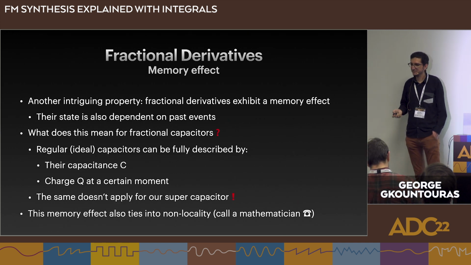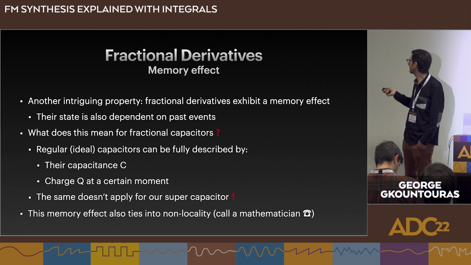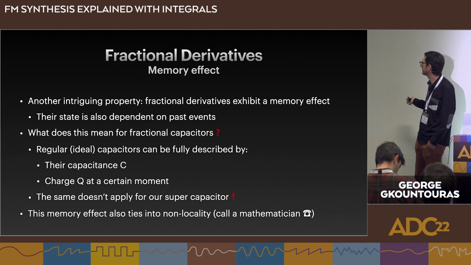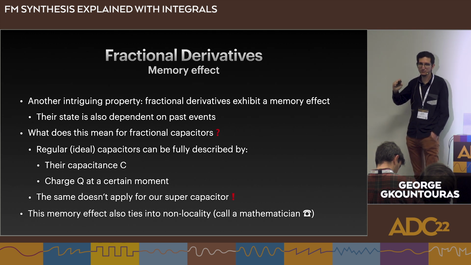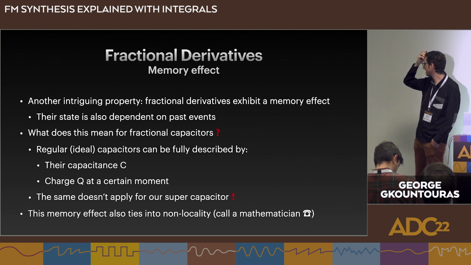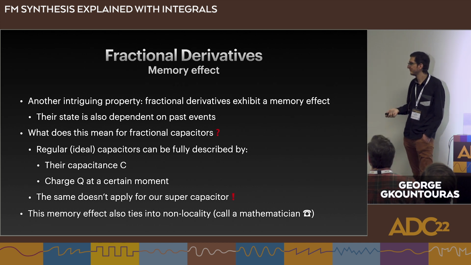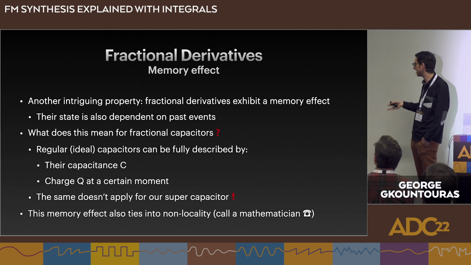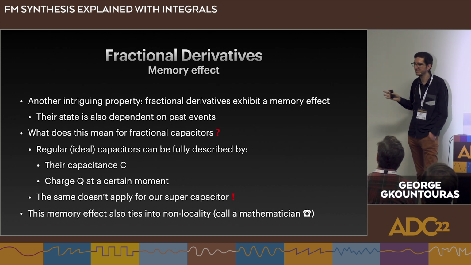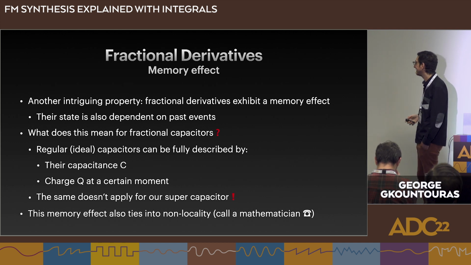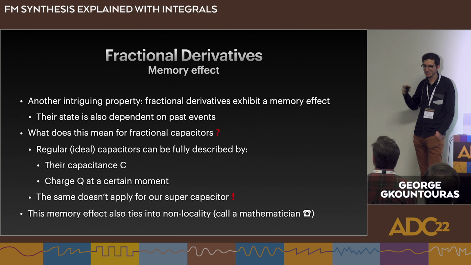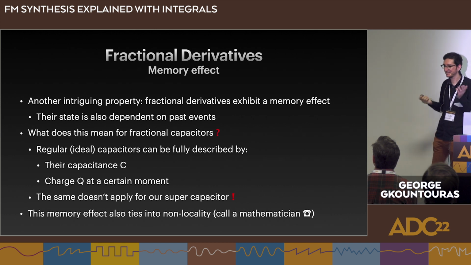Another interesting property of this fractional capacitor is that it exhibits a memory effect. That means the state can also depend on what happened in the past. This is unlike a regular capacitor that we can define with a capacitance and a certain charge, so it doesn't need any memory in order to describe it, assuming it's ideal, of course. So the supercapacitor has memory, and I believe it also ties into this non-locality because it's an integral, but I can't prove it.